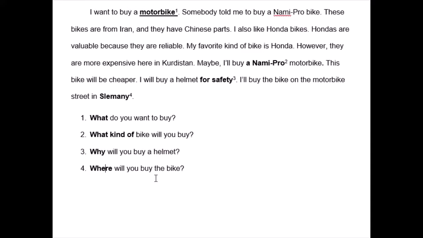Okay. So one extra idea here. Will is future. Okay. So will plus main verb is how you write the future tense. Okay. So I'm talking about after now.